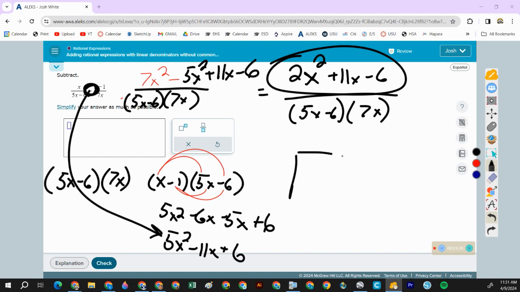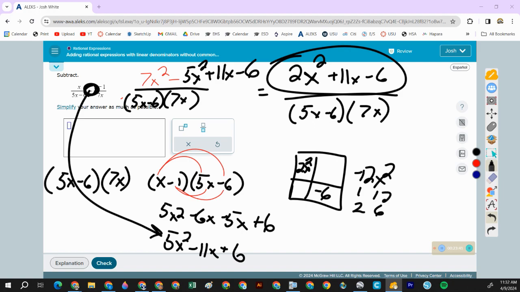Well, I need a box to factor that one. So 2x squared, negative 6. Multiply those together. Negative 12x squared. So we have 1 and 12, 2 and 6, 3 and 4. Can we make an 11x out of one of those? Yes. 12x and negative x.